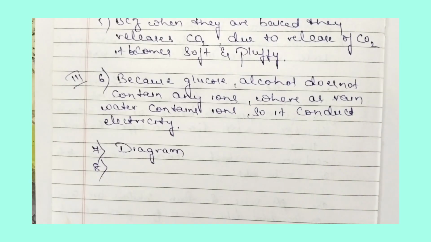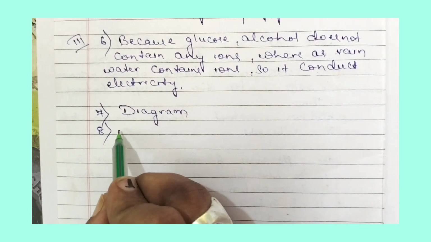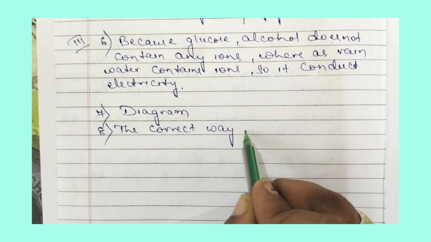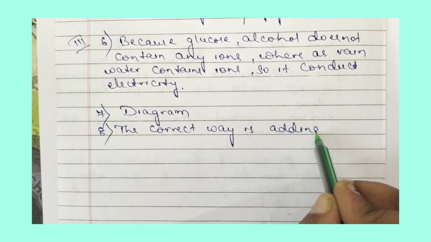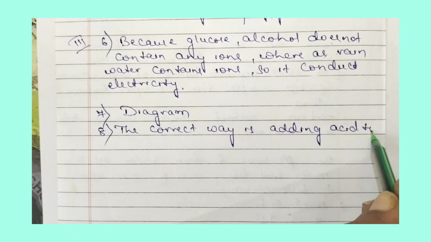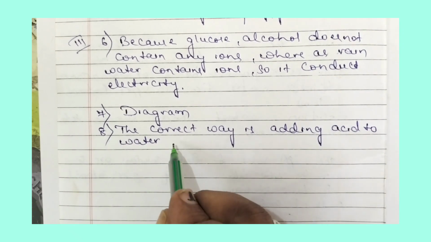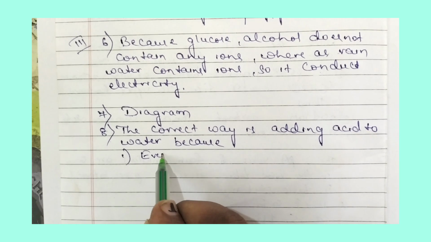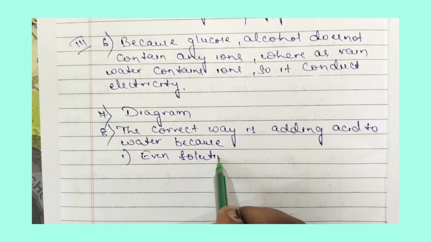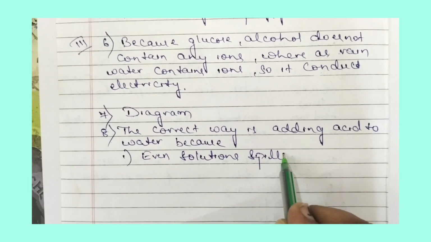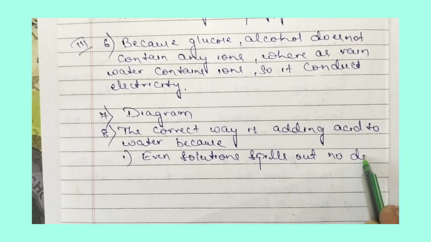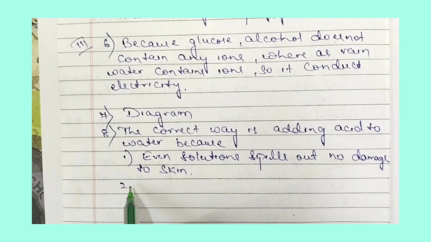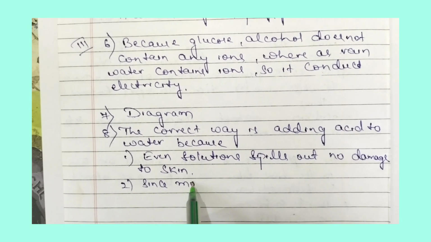Why? So if you want to dilute the acid, the correct way is adding acid to water, because even if the solution spills out, there is no damage to skin, since more water is there.